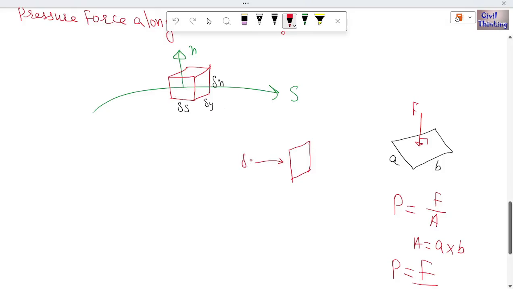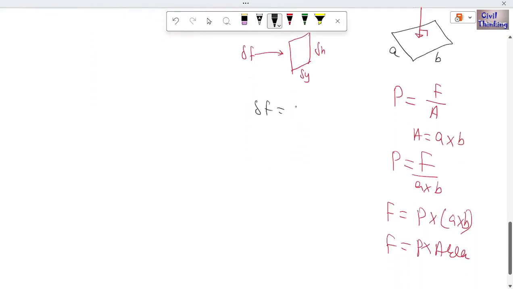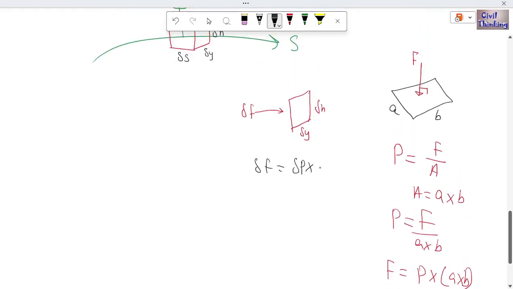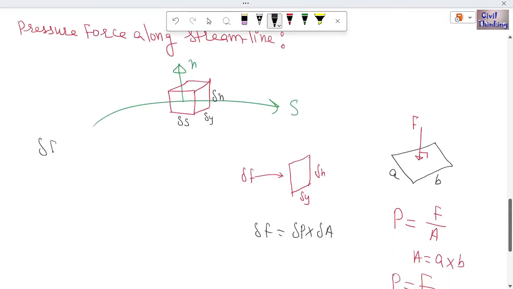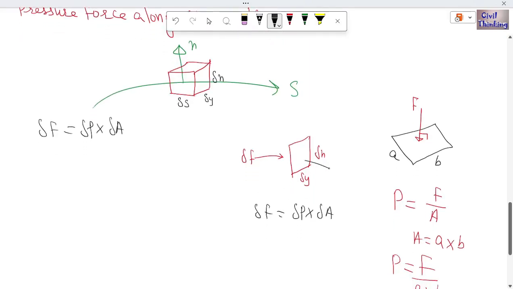Let us say the force is delta F, this is delta Y, this is delta N. Delta F is what? Pressure. Let us say the pressure is delta P, pressure times area, so pressure times delta A. So I can write here, this delta F is pressure multiplied by area A, and this area is delta N times delta Y. What is the area of this?